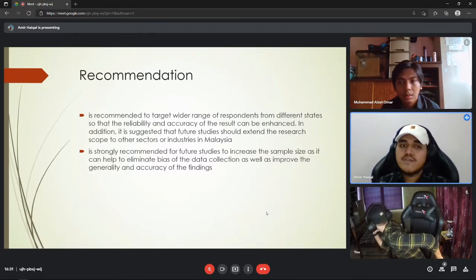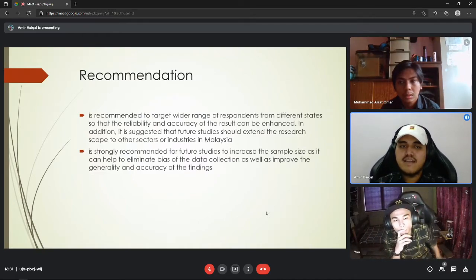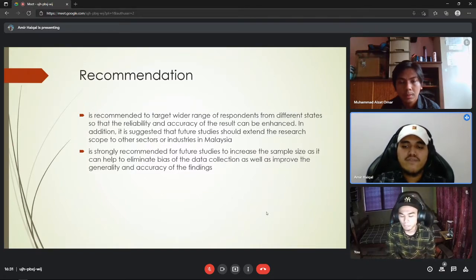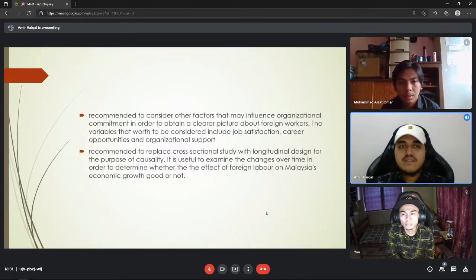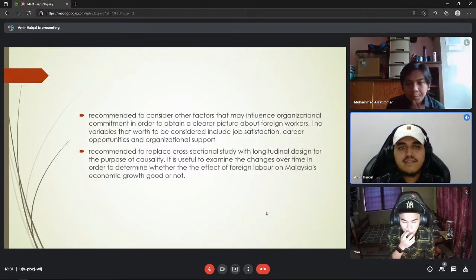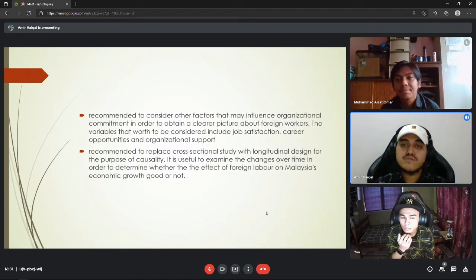The second point is strongly recommended for future studies to increase the sample size as it can help to eliminate bias of the data collection as well as improve the generality and accuracy of the findings. The next point is to consider other factors that may influence organizational commitment in order to obtain a clear picture about foreign workers. The variables to be considered include job satisfaction, career opportunities, and organizational support.